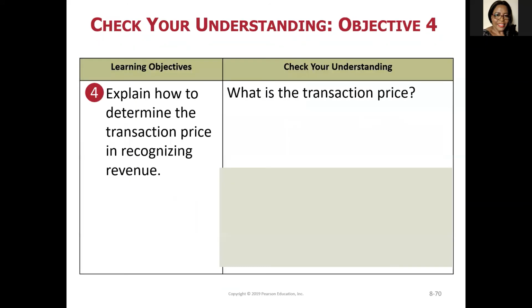And here we are at Check Your Understanding Objective 4. The question is, what is the transaction price? In other words, the question is to find the transaction price.